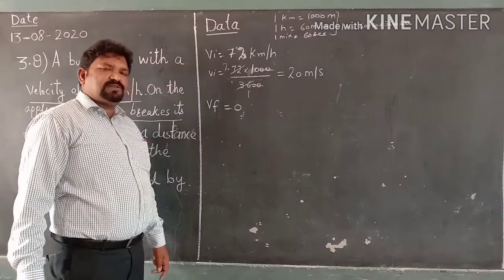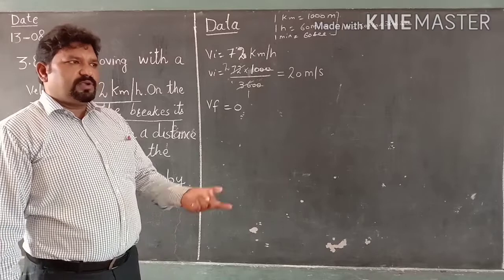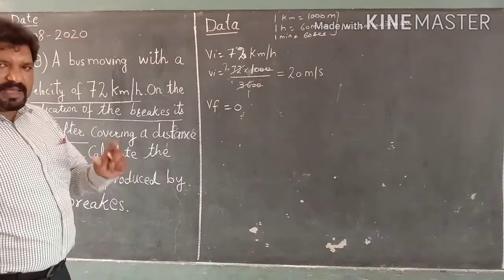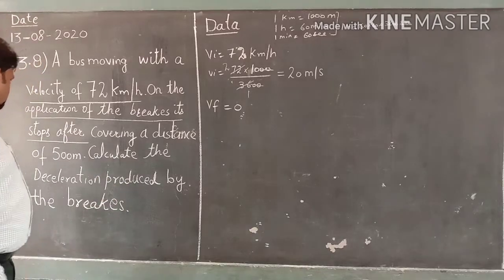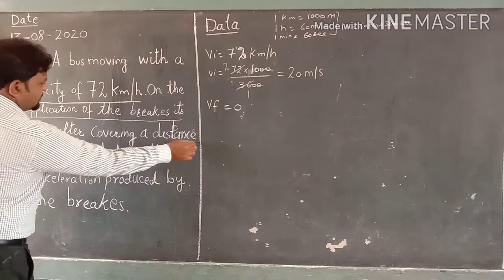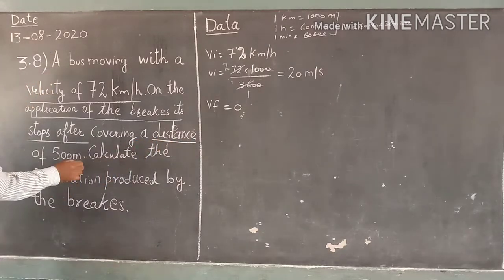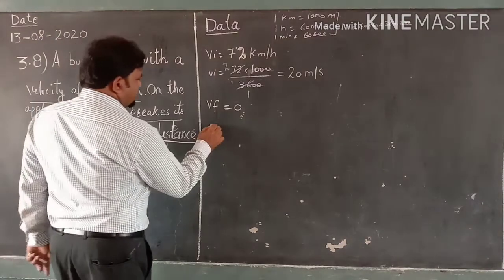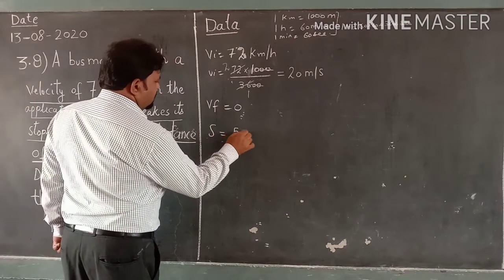Why is the final velocity equal to 0? Because the bus stopped after applying the brake. So the next one, covering a distance of 500 meters. It means S is equal to 500 meters.